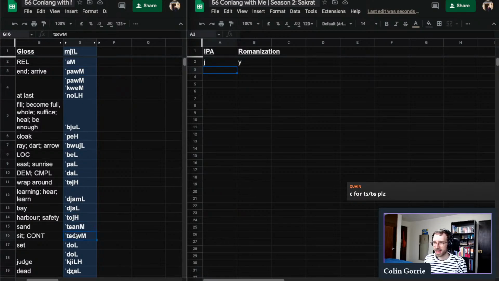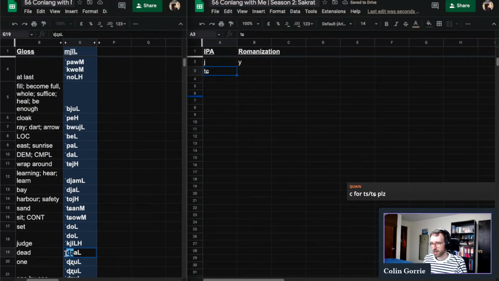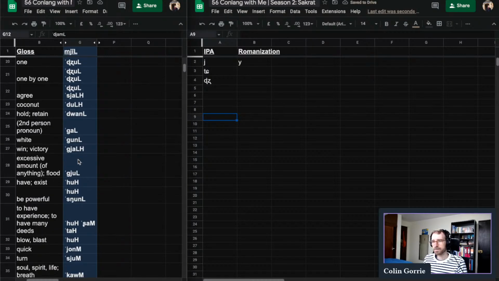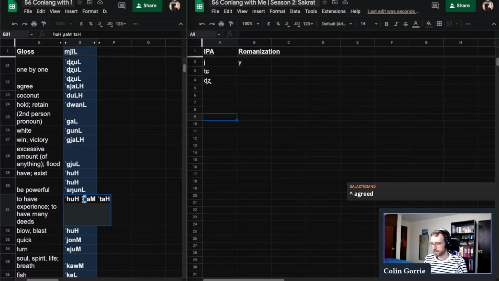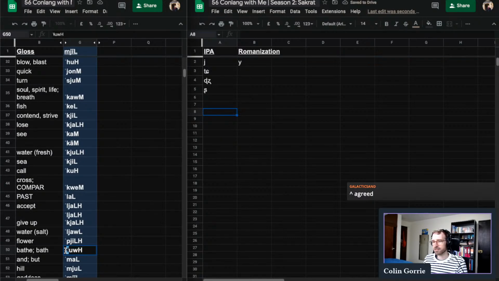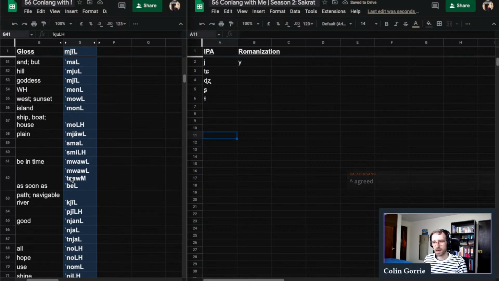I think other than that, we just need our affricates to be, we have ch, we have dr. What else do we have going on in here? We have sh. We have some retroflexes. And yeah, we have a lateral fricative. So these are the things that we're going to want to romanize segmentally. Anything else?